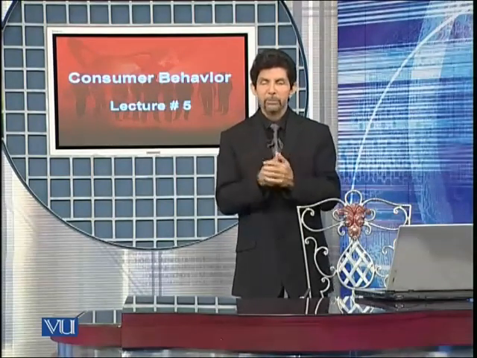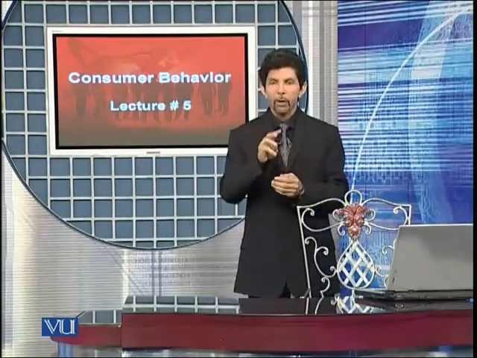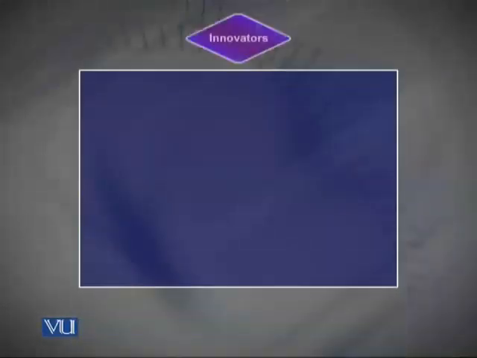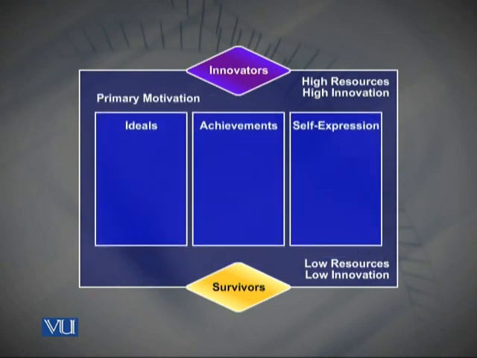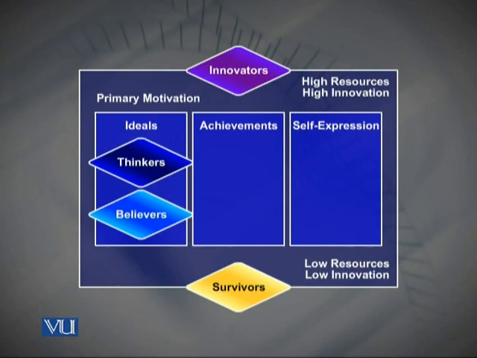Now, coming back to the WALS framework. WALS has 3 motivational frames and 2 resource frames. That means at the upper, higher level, the resources are abundant, and at the lower end, the resources are a little less. The 3 frames, which are called the prime motivational frames, are number 1, the ideals. Here the people are more thinkers and have certain ideal frames that motivate them.